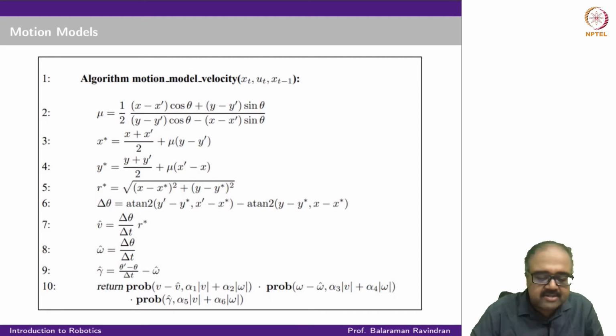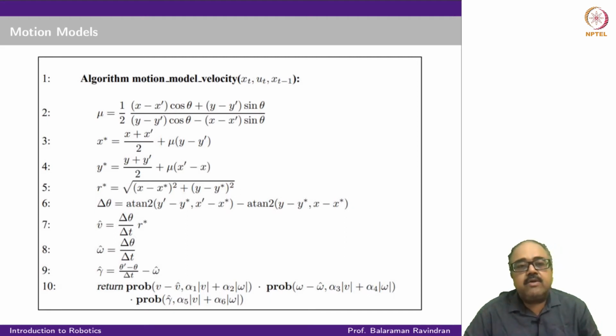So x star and y star are essentially trying to figure out what should be the center of the circle, assuming that x y is the starting point and x prime y prime is the ending point, and I'm having an angle theta to start with.